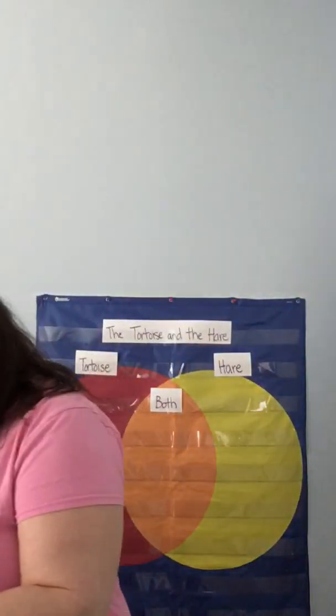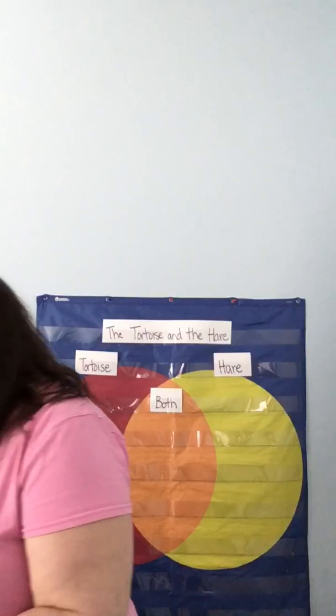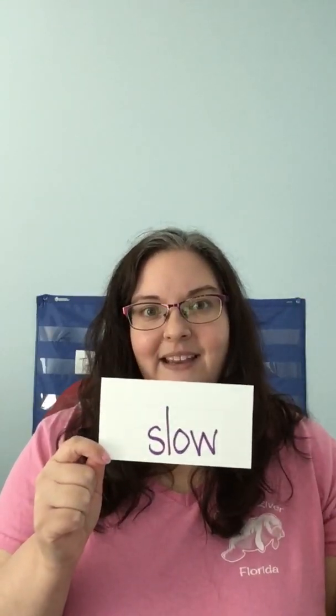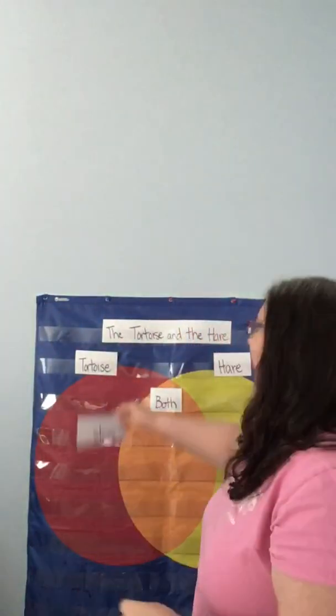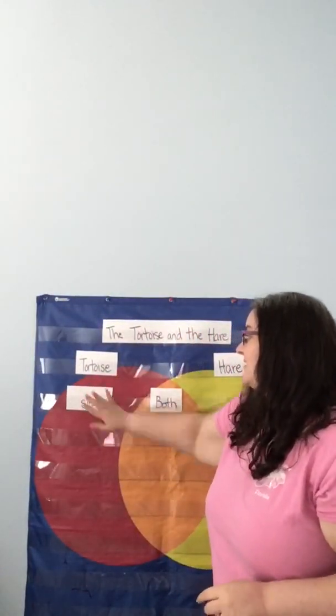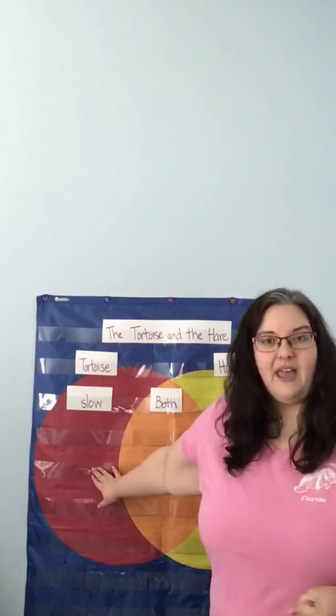My first card says slow. Who in the story was slow? The tortoise, the hare, or both? The tortoise. He moved very slow, right? He walked slow. So I'm going to put this on the left side under tortoise for the red.